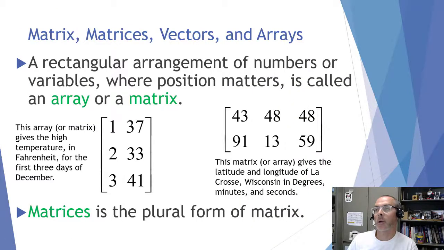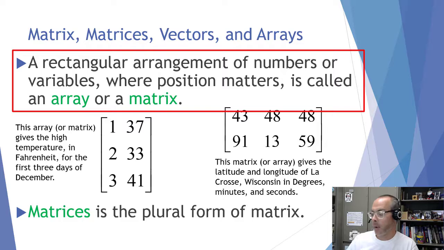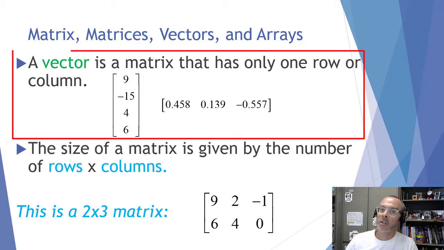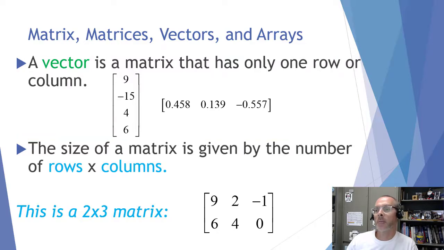Okay, I just want to review a couple things with you here before we close. You now know that a rectangular block of numbers like that is called an array or a matrix. If you have several of them, those are arrays or matrices. If it's just got one row or one column, we call it a vector, although we won't be using that terminology all that much. And the size of a matrix is given by the number of rows by the number of columns.